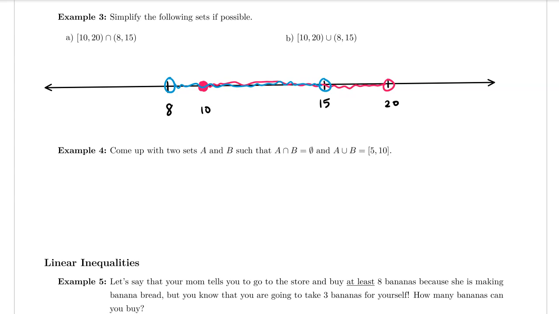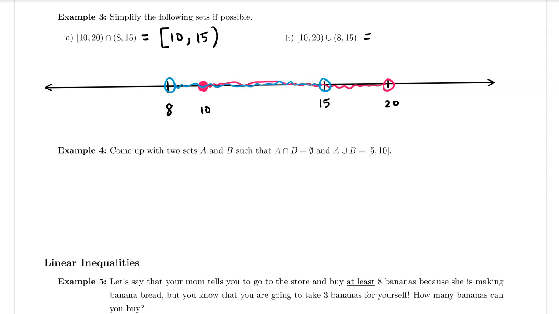I can definitely say that 10 is in the intersection because it's both blue and pink. So 10 is the smallest number that the intersection contains, and then we go all the way to 15. But notice that 15 is not part of the blue set because there's an open circle there, so I would put a parenthesis here. So there's our answer for part A.